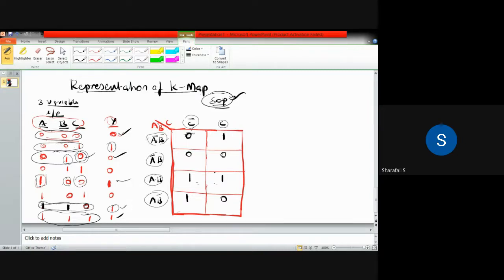The same thing we can represent in some other form. We are considering sum of products.